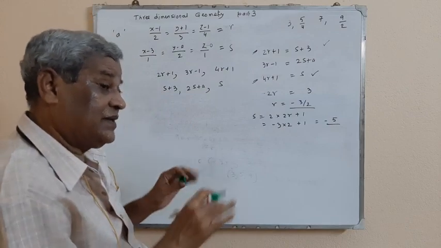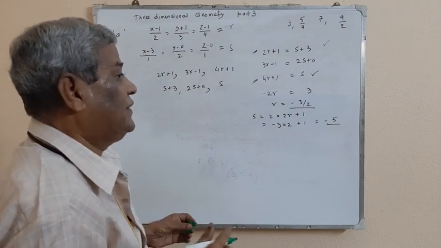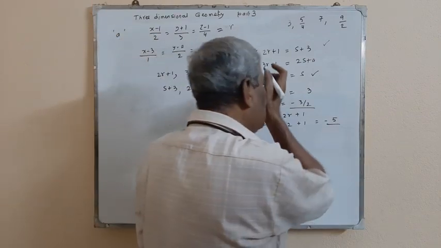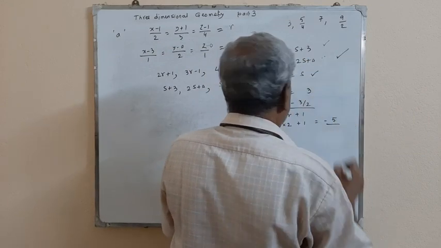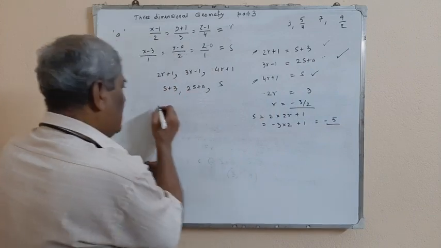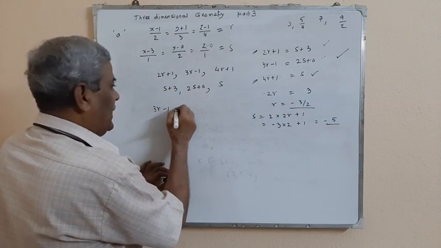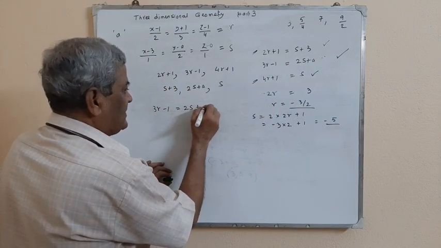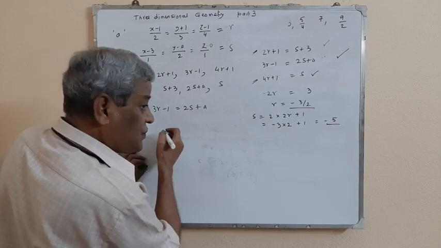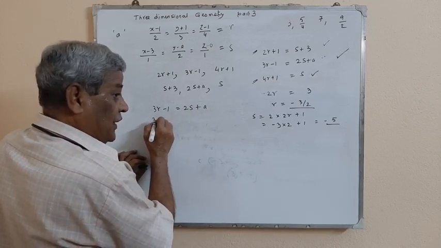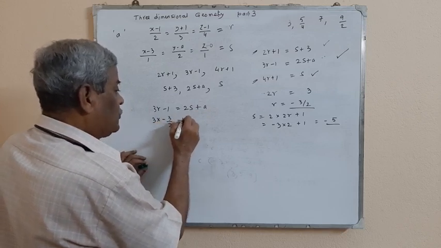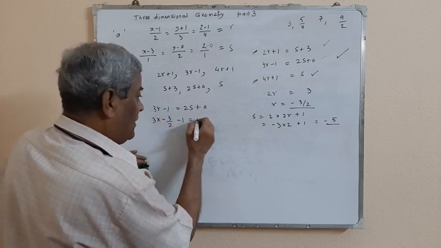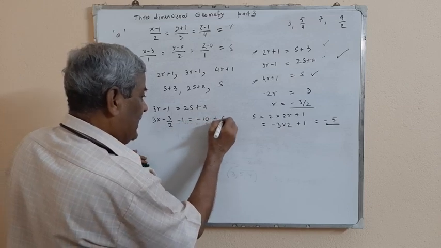As these two straight lines meet, for these values of r and s, this also must be satisfied. That is 3r minus 1 is equal to 2s plus a. 3r means 3 into minus 3 by 2 minus 1, and 2s is minus 10, plus a.